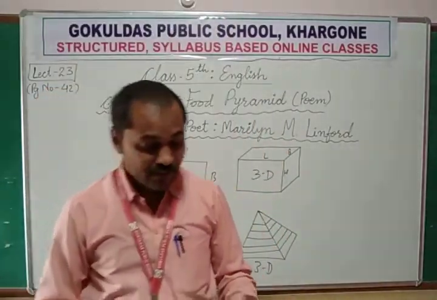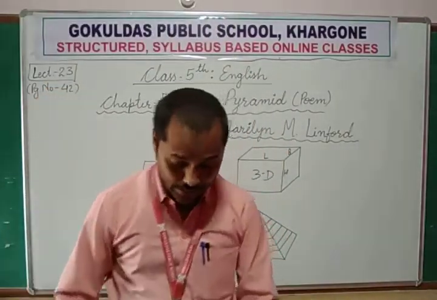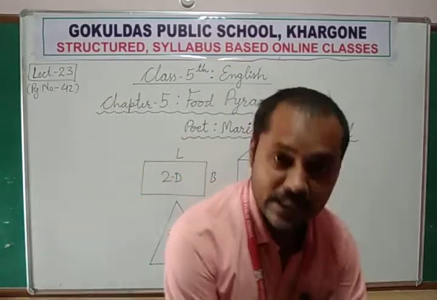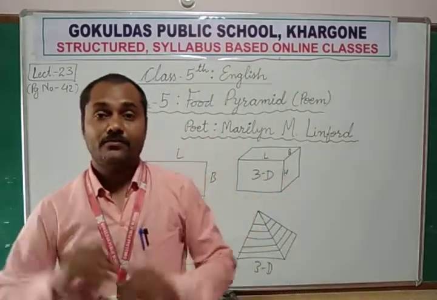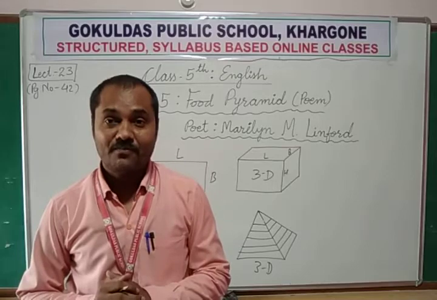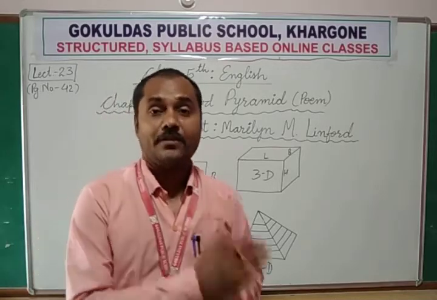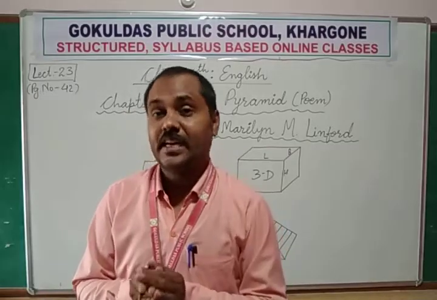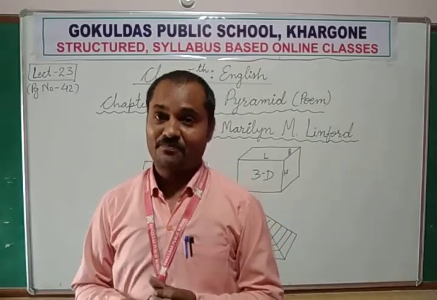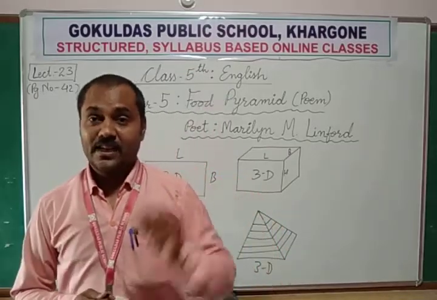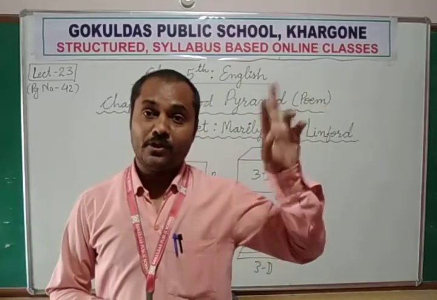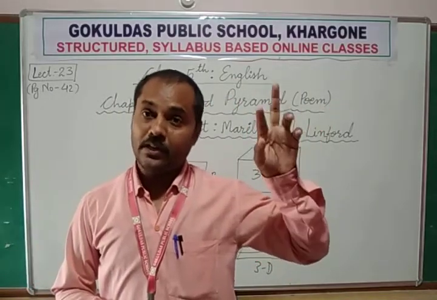Okay. So now let's start what is given in this poem and what is to learn from this poem. This poem is basically related to the chapter which we have read, Eating Healthy with Gunduram. Just like chapter number 1 and poem number 2 were related.